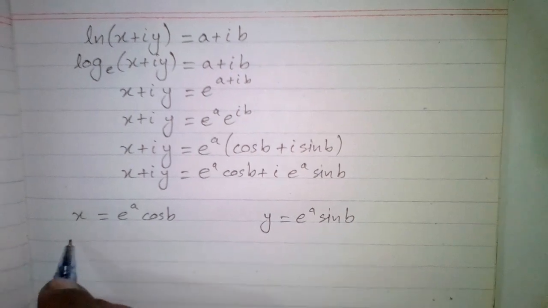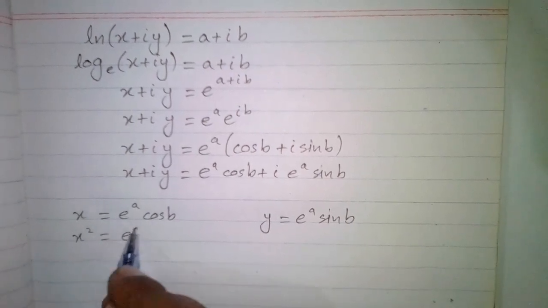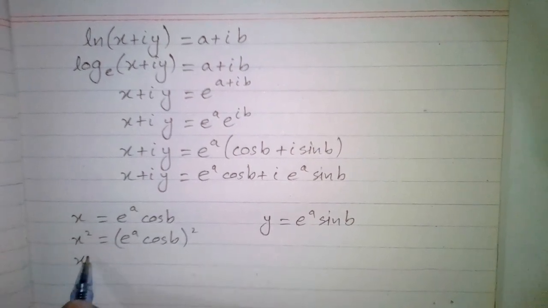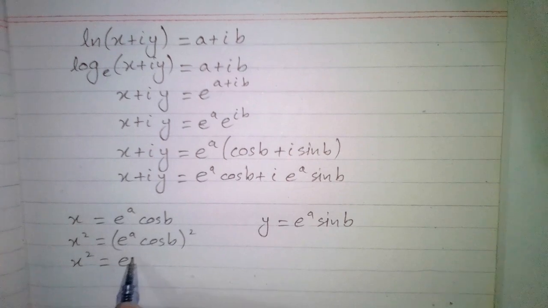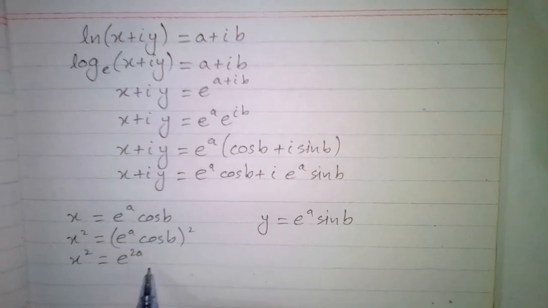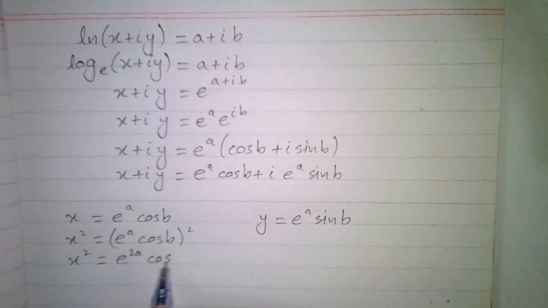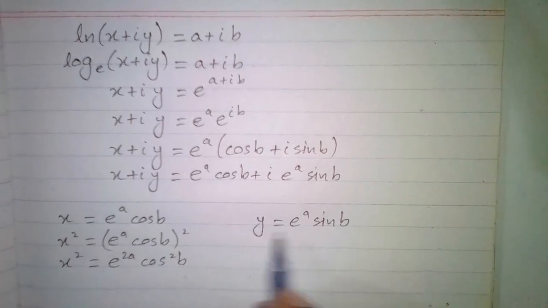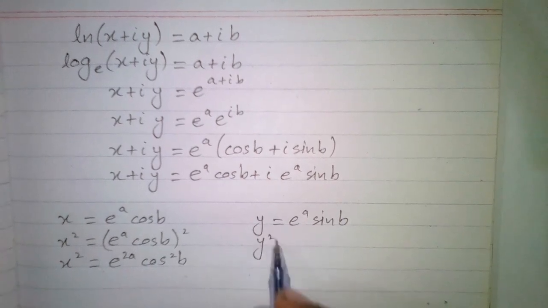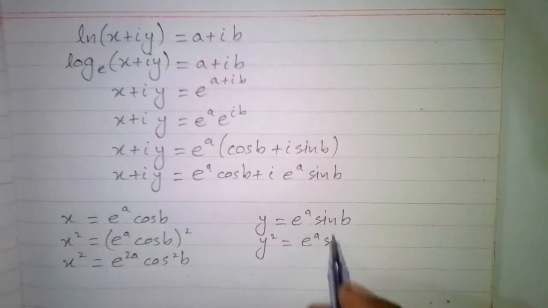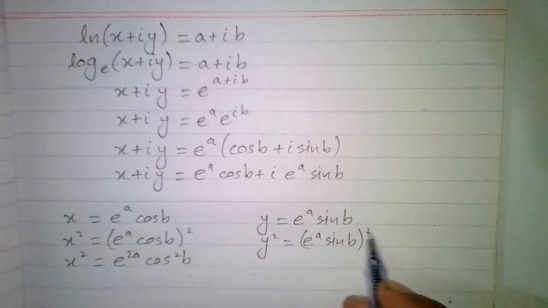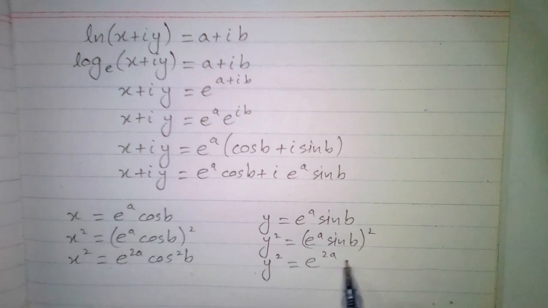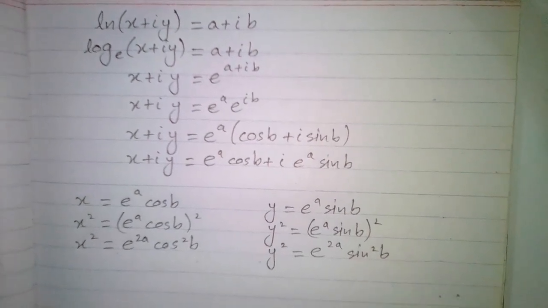Now squaring both sides, we have x square is equal to e to the power a cos b whole square, so x square is equal to e to the power 2a cos square b. Similarly, y square is equal to e to the power a sin b whole square, which can be written as y square is equal to e to the power 2a sin square b.